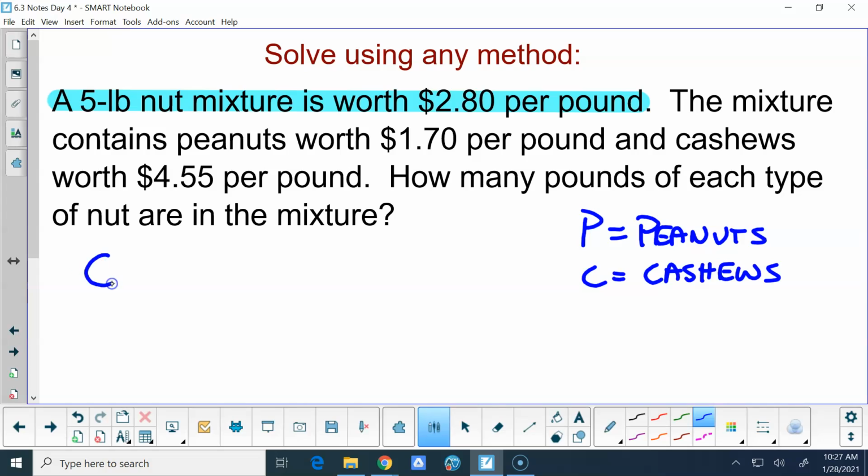Okay, so that tells me C plus P has to equal 5. So there's a total of 5 pounds there. Okay. What else does it tell us? How much is this 5 pounds worth?